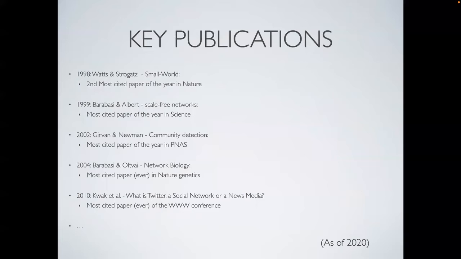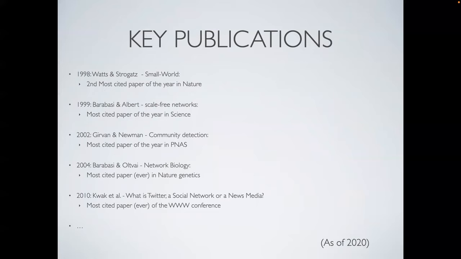Also here, a few key publications, just to tell you that it's a recent field, of course, because one of the founding papers was in 1998. You see the small world phenomenon that we will say a few words on. And just to show that they are in different fields, you can see that many of them were very impactful papers.